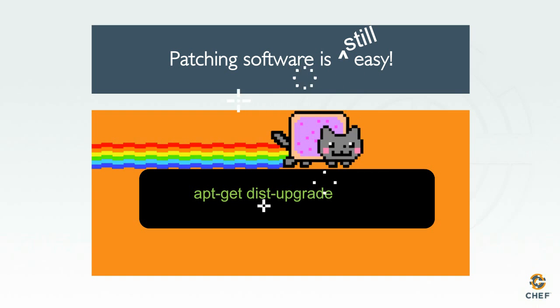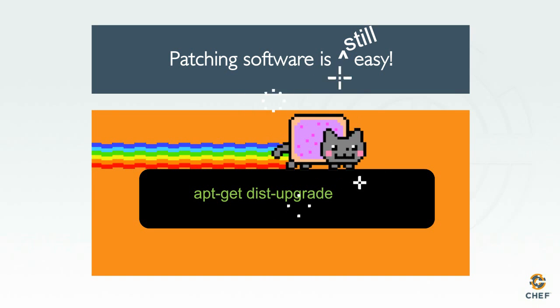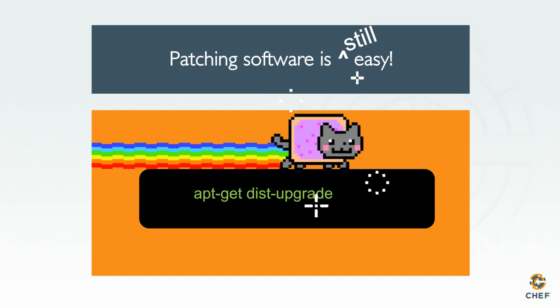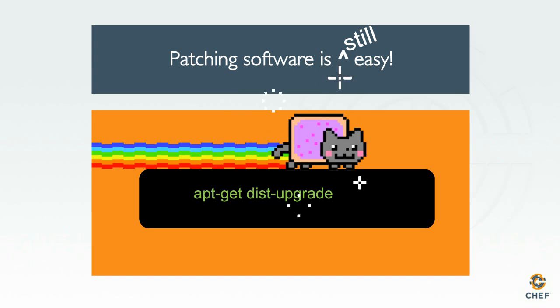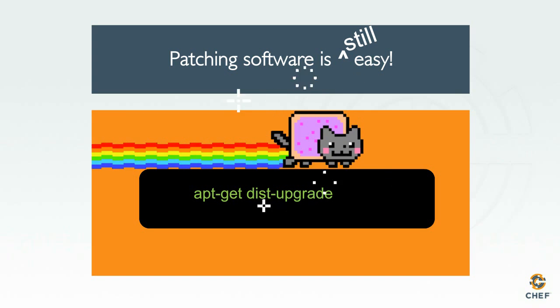So when we have new CVEs, new zero-day vulnerabilities, or heck, just new procedural versions of the different packages that we depend on, how we are consuming those becomes of key import.